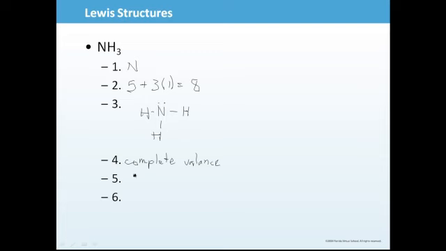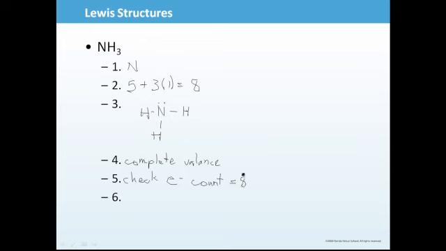Next step is to check our electrons. Check the count. We've got 2 unbonded and then 2, 4, 6 in bonds, so the total count is 8.